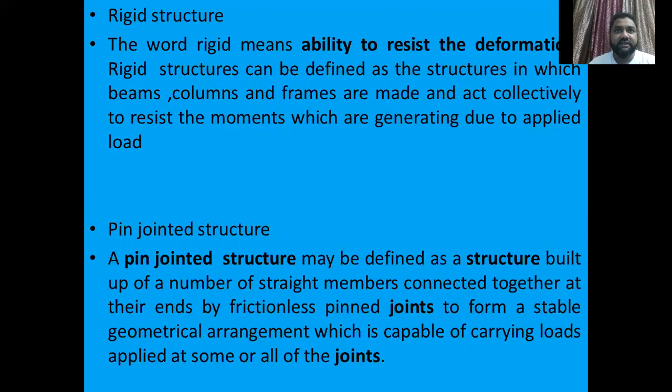The question was like this: find the forces along all the members of the given truss. So we determined the forces on the members by using the equilibrium equations. We used the method of section and method of joint also in order to find out the member forces.